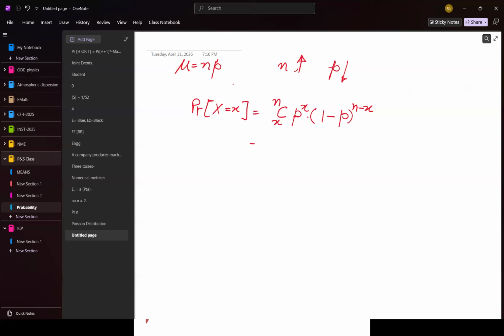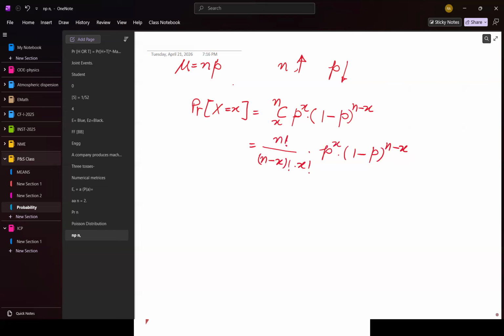So this is reduced to n factorial over n minus x factorial and then x factorial. This is p raised to the power x and 1 minus p raised to the power n minus x.